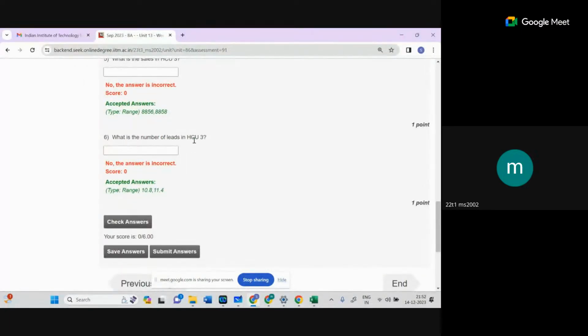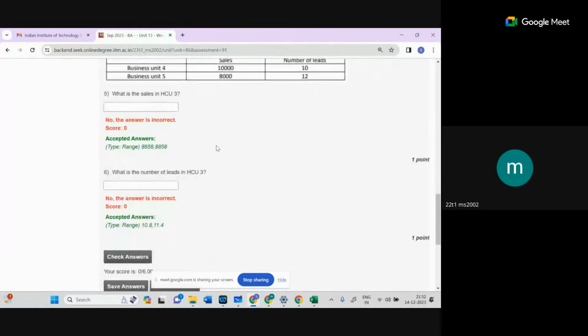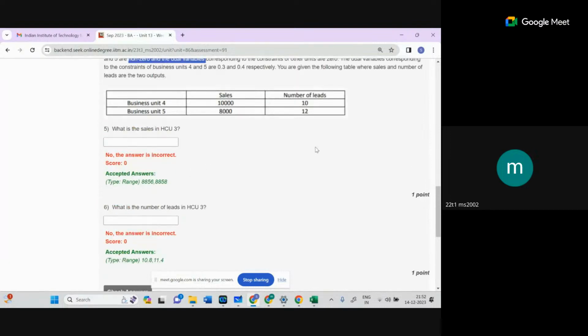What is the number of leads for HCU3? How do you calculate that? Same, you just multiply 10 into 3 by 7 and 12 into 4 by 7.